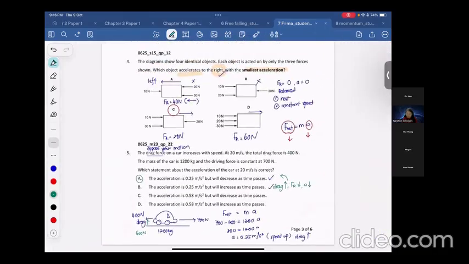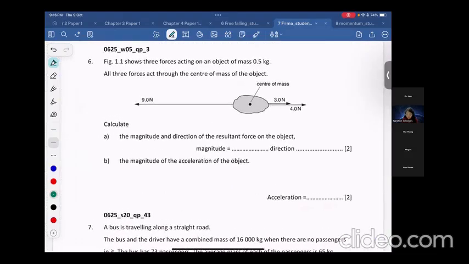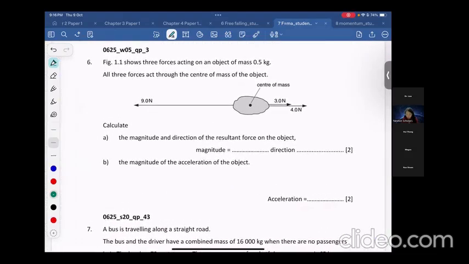Okay, so can we go to your page, next page, page 4? Number 6, question number 6. Can you tell me what is a magnitude? Magnitude means value, dear. Value and direction. Okay, what is the magnitude of your resultant force?